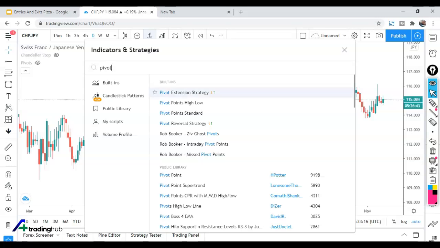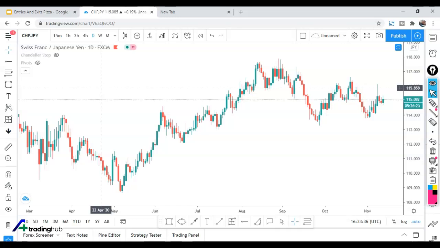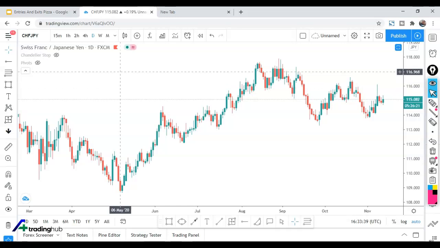You see so many pivots. You see the pivot extension strategy, high and low, reversal strategy. Forget all those, just pick the pivot point standard. That is the original one. All those other ones have been tweaked by some traders who love making things fancy. So just use the original version.